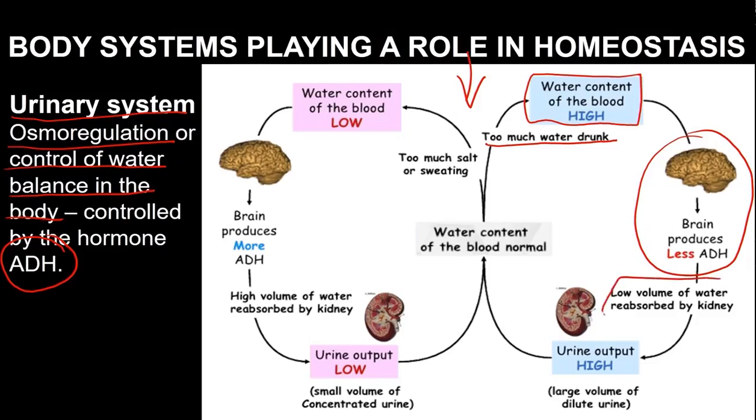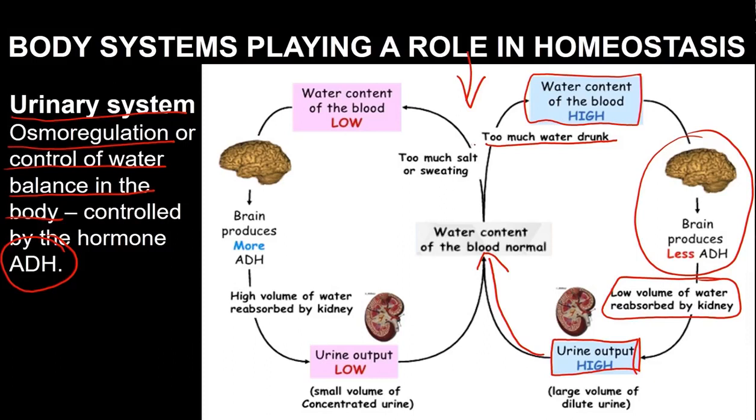It doesn't reabsorb water, which means a lot of liquid, a lot of water goes out in the urine. And because you are now urinating a lot, what does it do? It makes the water content of your blood go back to the right amount. It makes it go back to normal.